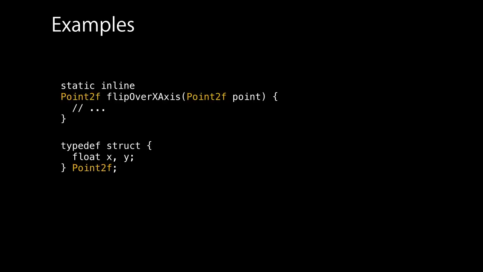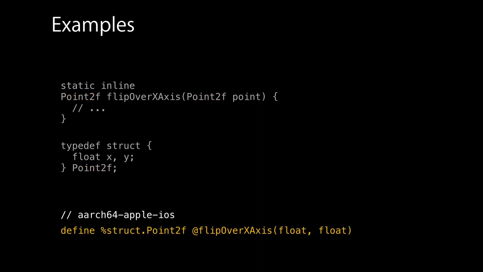So nobody's going to pretend that this is the cleanest thing in the world, but let's go back to this flip over x-axis example. On ARM64 for Apple, this is the LLVM IR type, and it looks very clean.